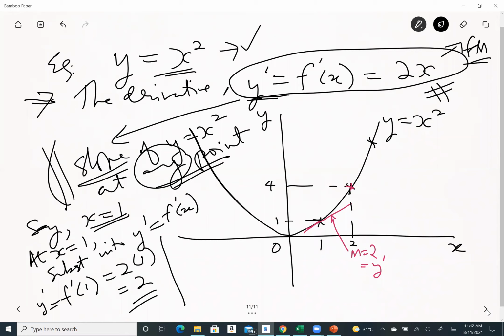Now, what does it mean? It means the slope of the curve at x equal to 2 is 4. And that is given by the slope of the tangent line just at that point. So the derivative will give you the slope at the point.